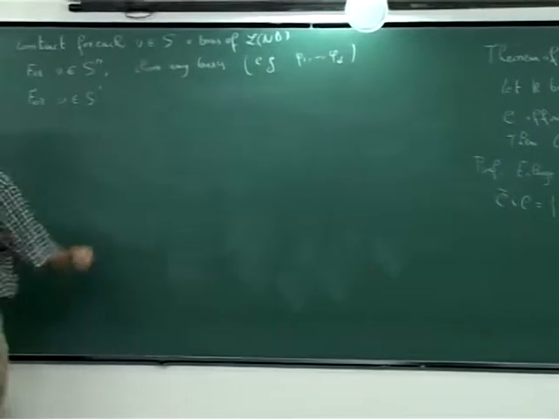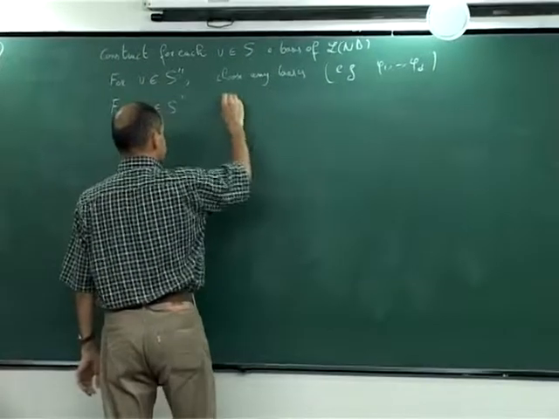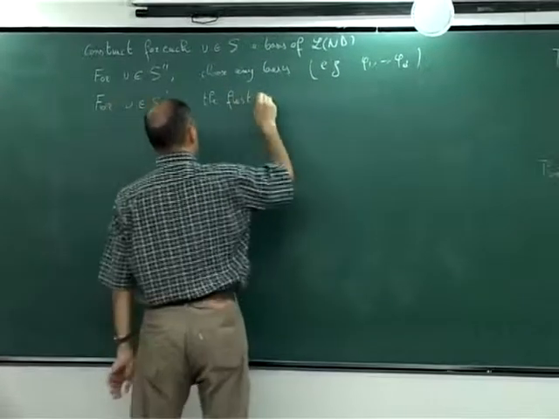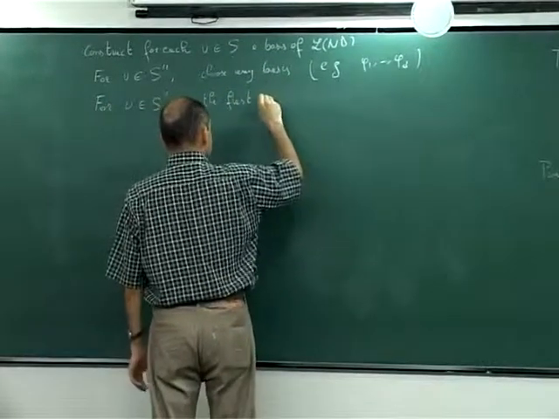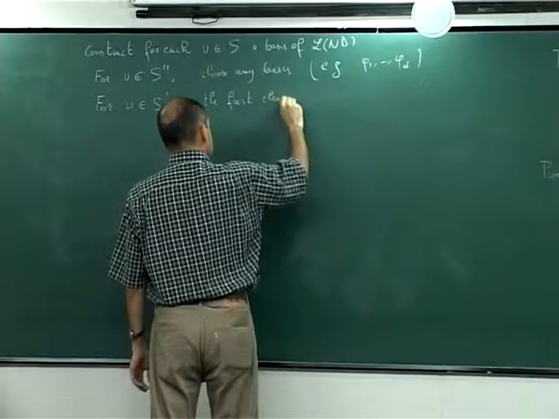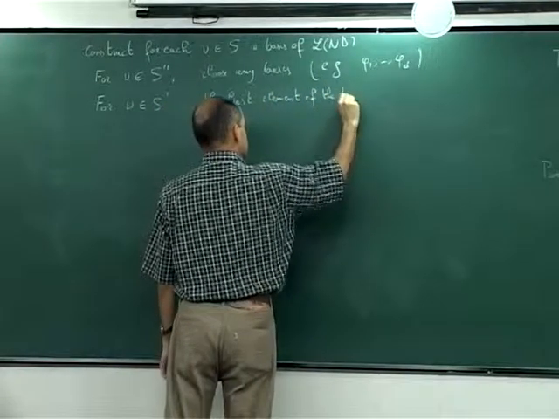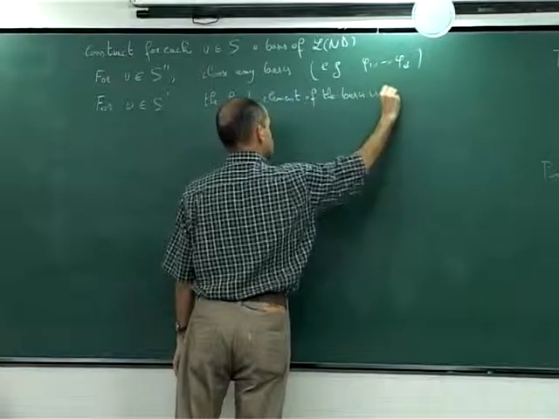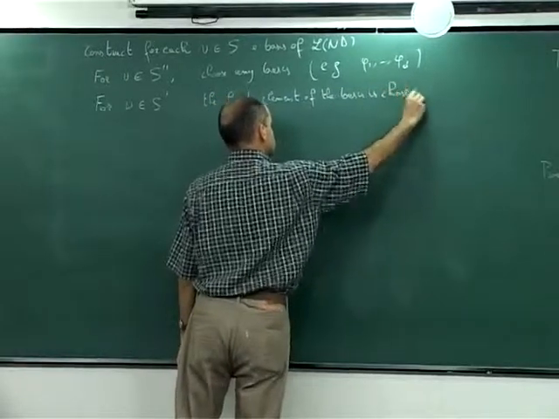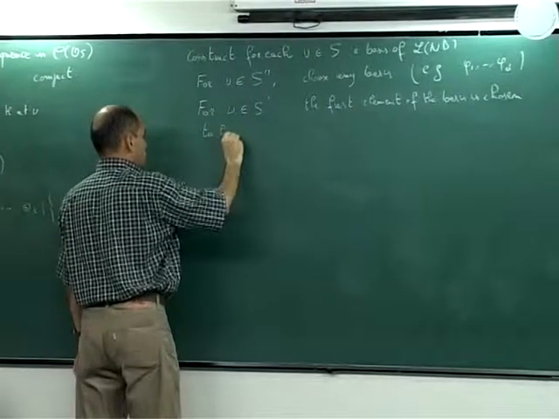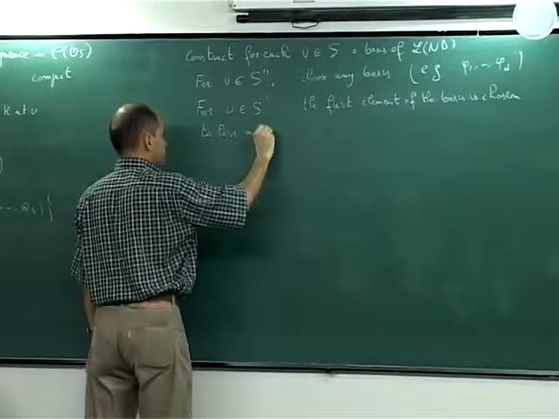So the first element of the basis is chosen to have a maximal pole.